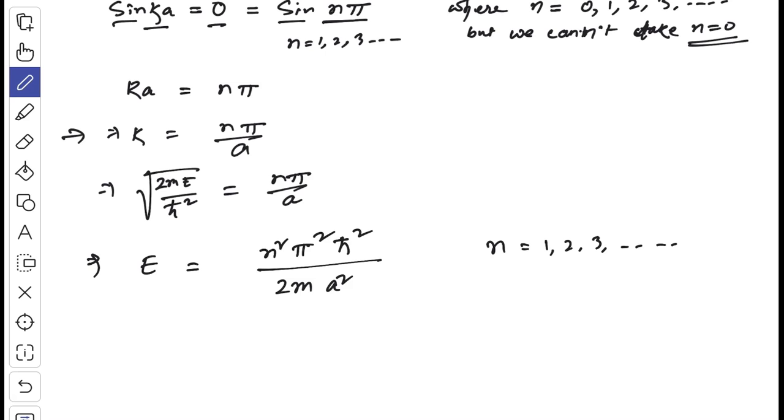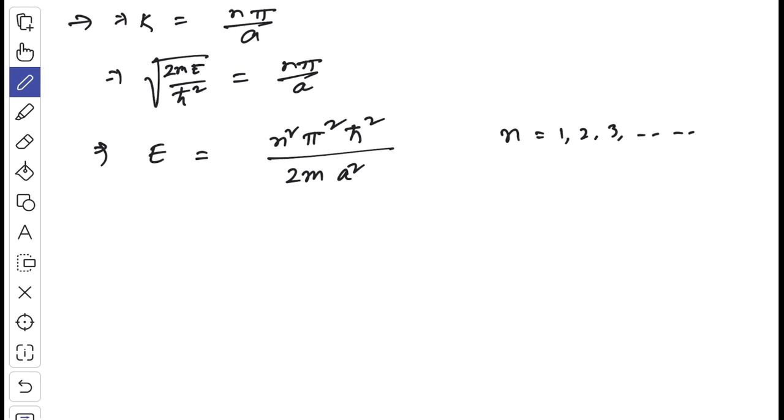This is the expression for energy, and for the nth level it can be written in this form, En. This is the general expression for the energy of the nth level.